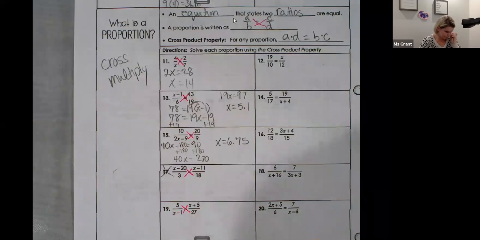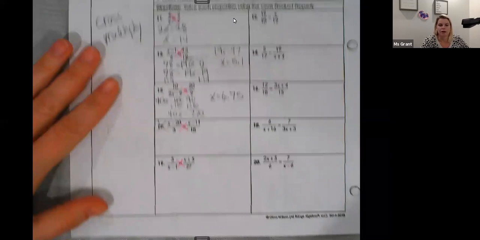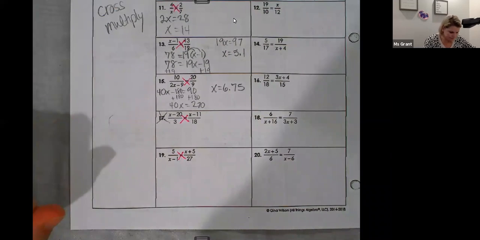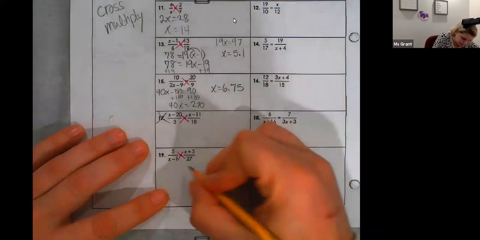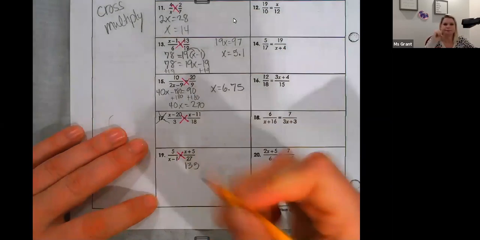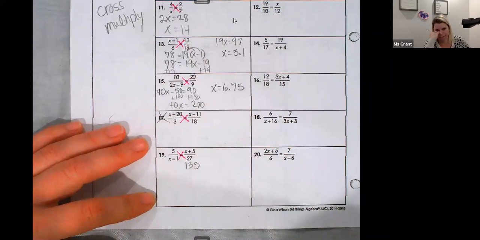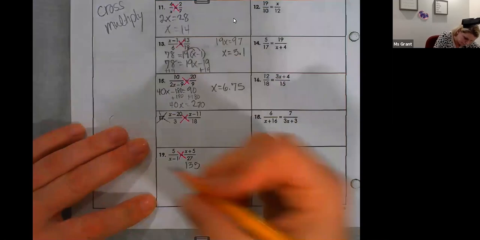All right. So I'm skipping 17. 19. 5 times 27 is 135. Then FOIL, I have two binomials.